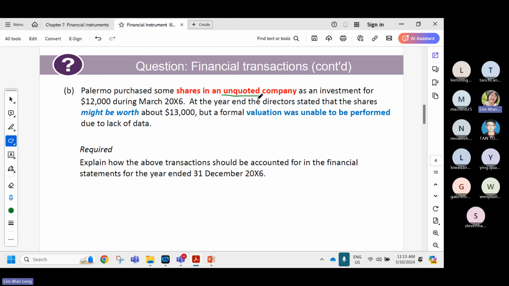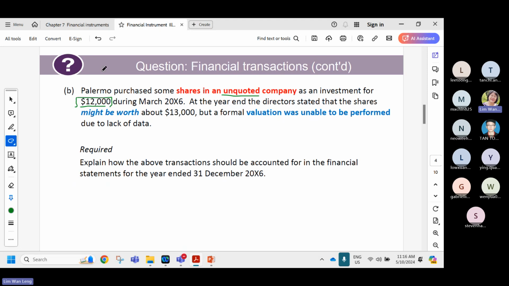But it's not a listed company, as an investment for 12,000. When you purchase some shares in an unquoted company for 12,000, there is no way for you to verify whether the 12,000 is the fair value or not. Correct or not? Because since it's not a listed company, then you don't know what is their fair value.